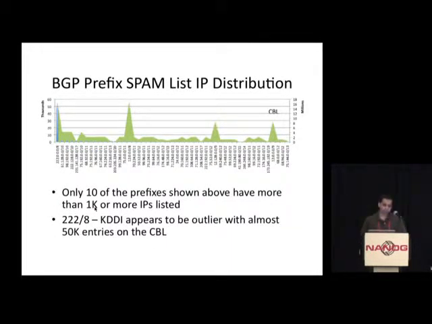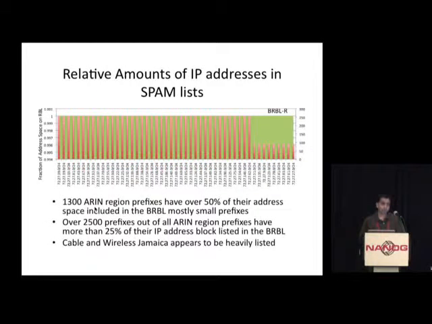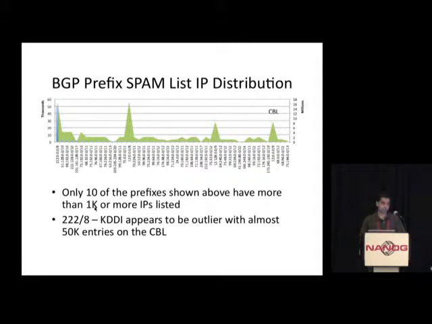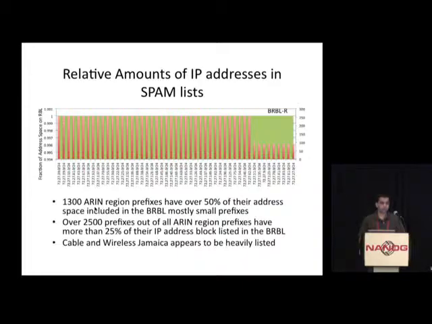This is the same chart for the CBL. Once again, you see one outlier, and for the others, it's relatively smaller fractions. But what happens when you look at the fraction of the network that's on the RBL? So remember, over here we were looking at the top end of the prefixes, the large prefixes. If you look at the relative fraction of a network that might be on a RBL, you find that about 1,300 in-region prefixes have over 50% of the address space in the BRBL, and 2,500 prefixes have at least 25% of their IP address.